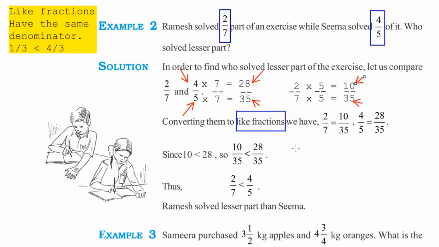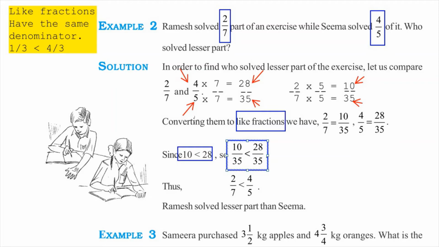Now we have two like fractions, that is 28 by 35 and 10 by 35, because they both have 35 in the denominator. What we need to do is compare 10 and 28. We will get that 10 by 35 is less than 28 by 35 because they're both like fractions. All we had to do was compare the numerators.